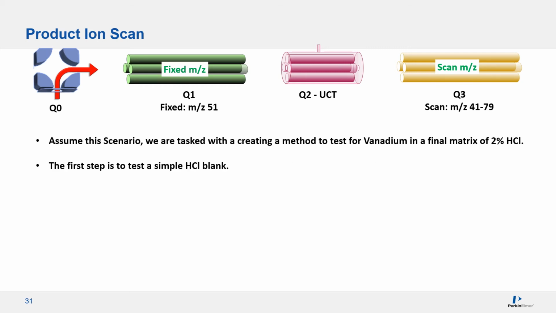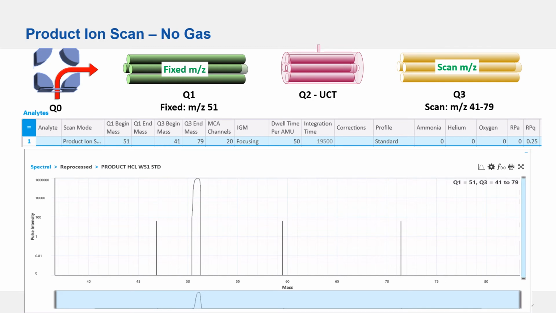Alright, so to make some examples for product ion scan. Assume this scenario. We are tasked with creating a method to test for vanadium in a final matrix of 2% hydrochloric acid. The first step is to test a simple hydrochloric acid blank. Here's a product ion scan with no gas being introduced, where we fix Q1 at mass 51 and then we scan Q3 from 41 to 79.